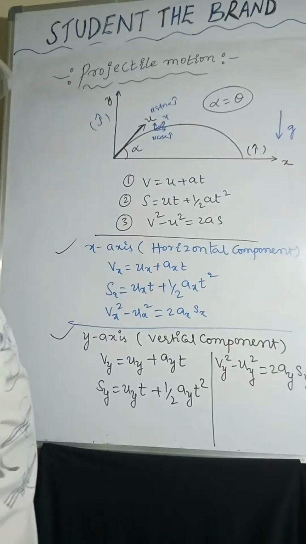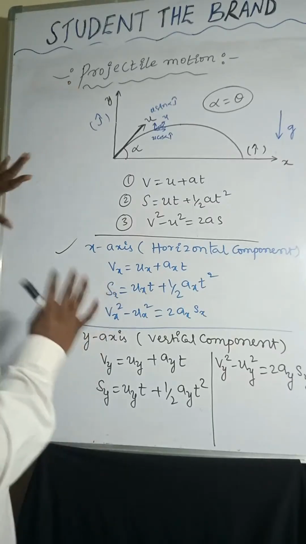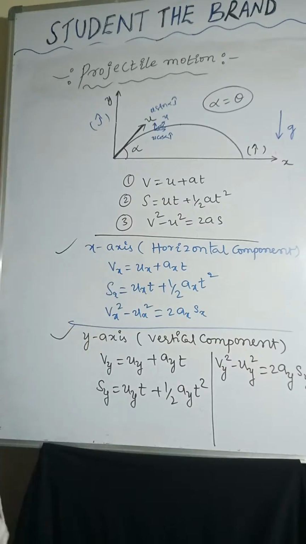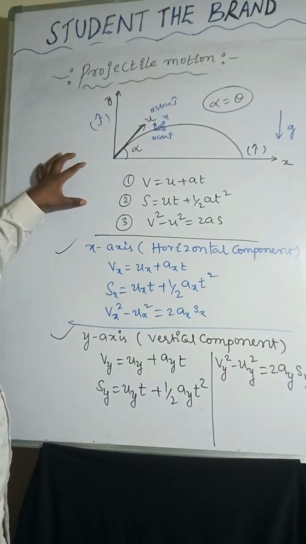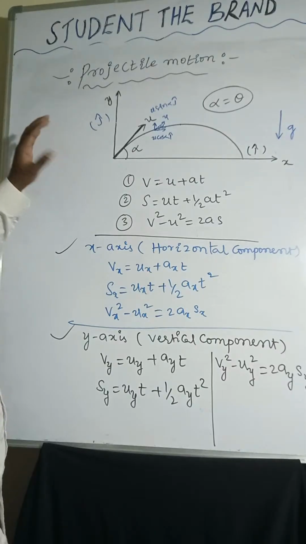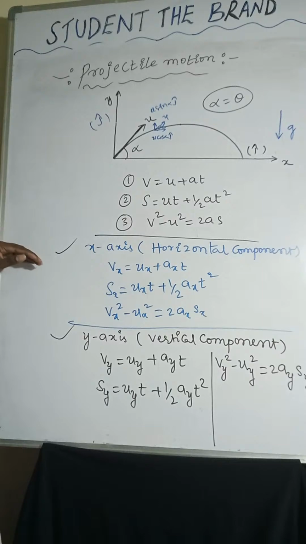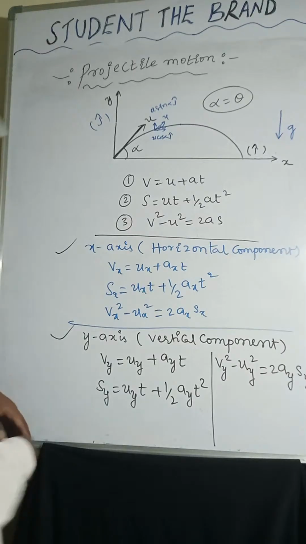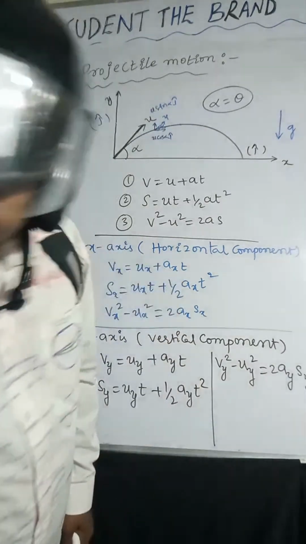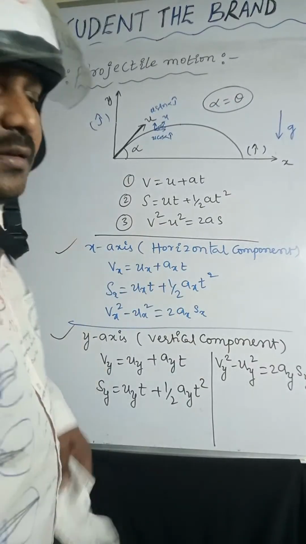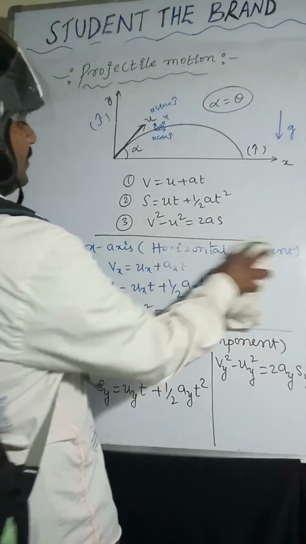You have to write the conditions first, before substituting in the equations. After taking the conditions, you substitute in the equation, then you will get proper values. I hope it is clear. Okay, done. Come to the next one.